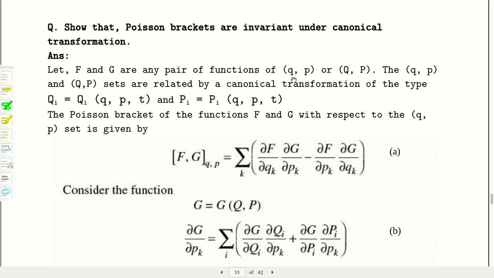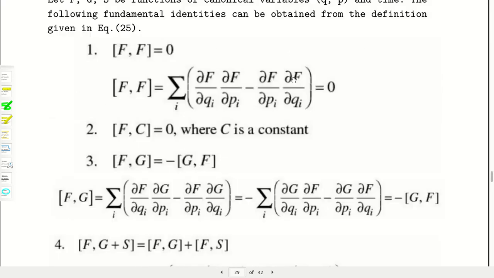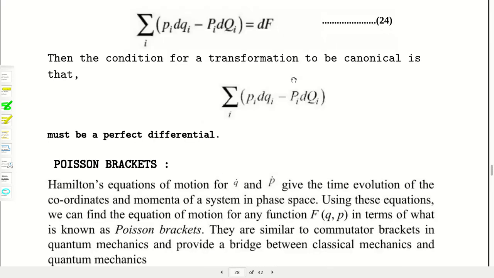dq_k minus P dQ_k. Sorry, I had forgotten this. Let me go to that formula to show you what I am talking about. This p dq_i minus P dQ_i should be an exact function or a perfect differential.